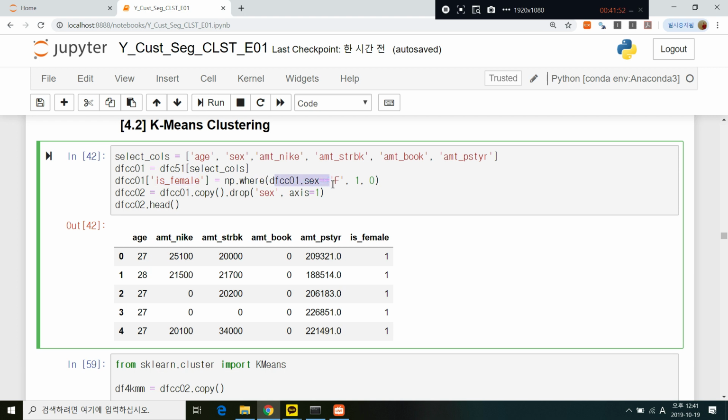When the sex is coded as F, we assign 1, and in other cases we assign 0 as the value of this variable is_female. That is why we have 1s here. Okay.